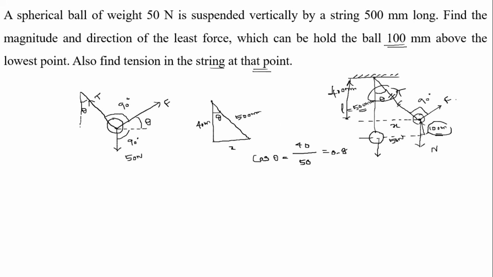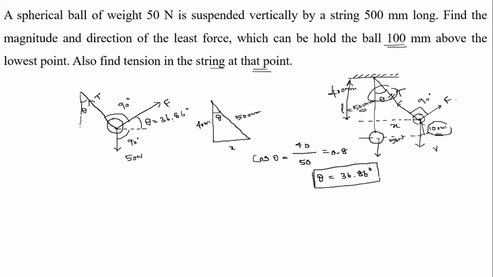Now, cos theta is equal to 0.8, then theta is equal to 36.86 degrees. So, the included angle between the force and weight is equal to 90 plus 36.86, and the included angle between tension and force is equal to 90 degrees.